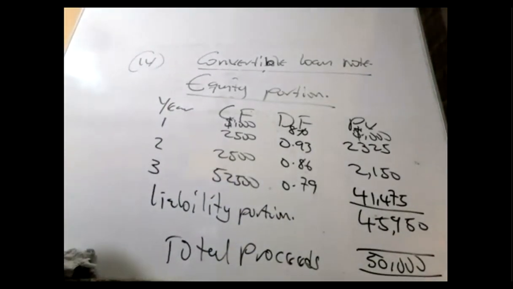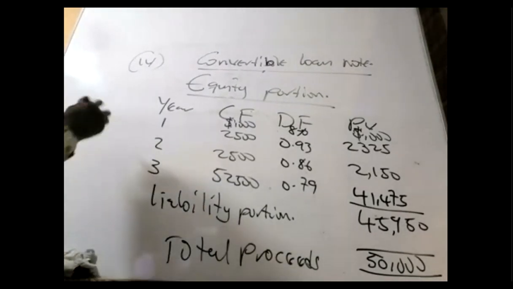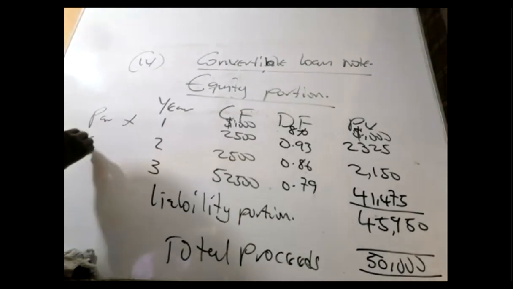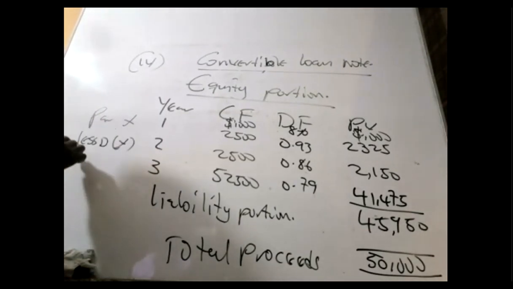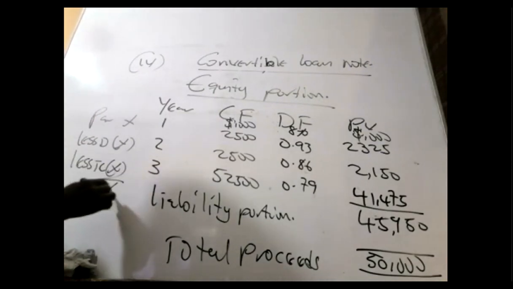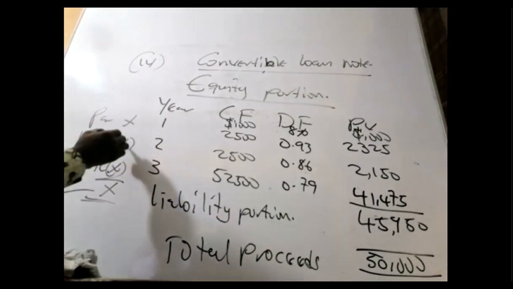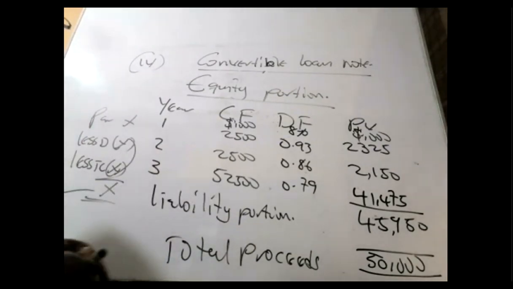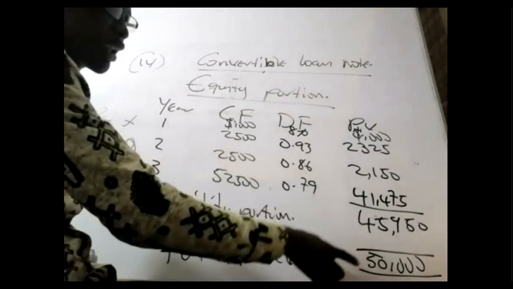In some situations, the total proceeds is equal to the par value, less any discount, and less transaction cost, TC. But in this question, we don't have discount or transaction cost, so it's still the same.